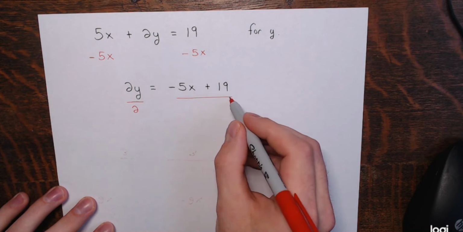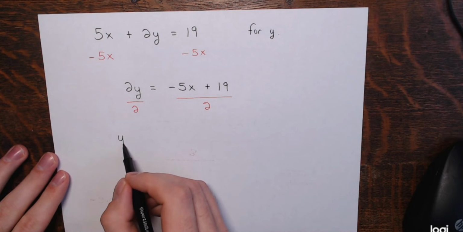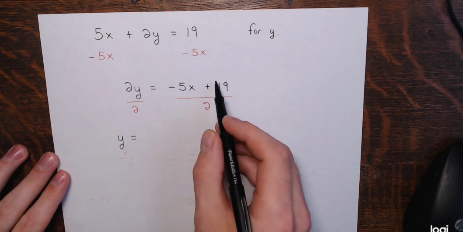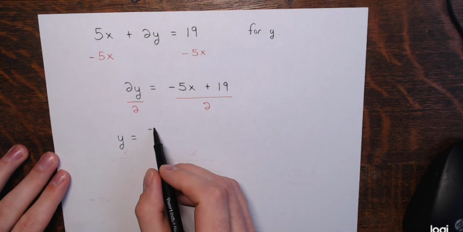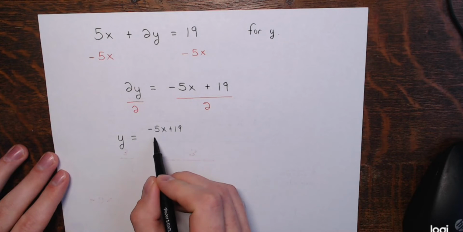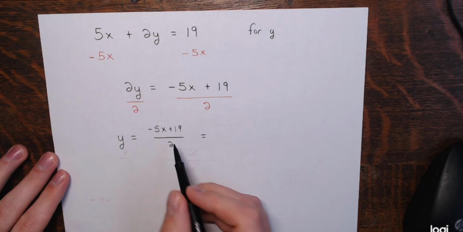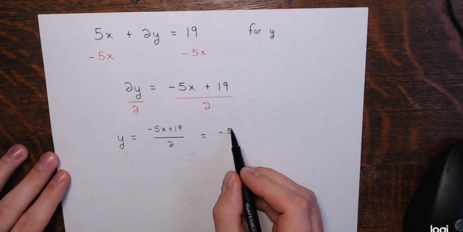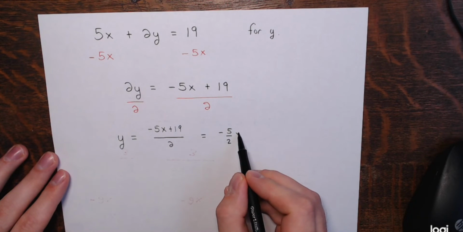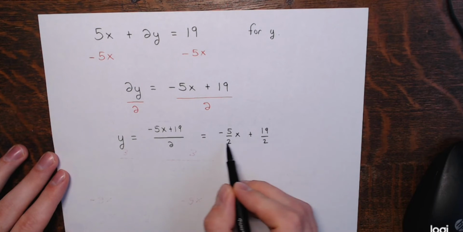And don't forget, you're doing it to the entire side, every single term. So we have y equals, and I can write this as a fraction, negative 5x plus 19 in the numerator, all divided by 2. Or, if I actually divide each term by 2, that would be negative 5 halves times x plus 19 halves. Either one of these is fine.